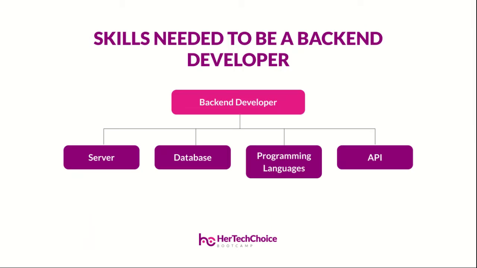The skills you need to be a backend developer would be a combination of these technologies, which is your server, your database, your programming languages, and your application programming interface. Now, breaking them down, a server is what enables a web application to be accessed globally. A server is what you use to present your work to people.